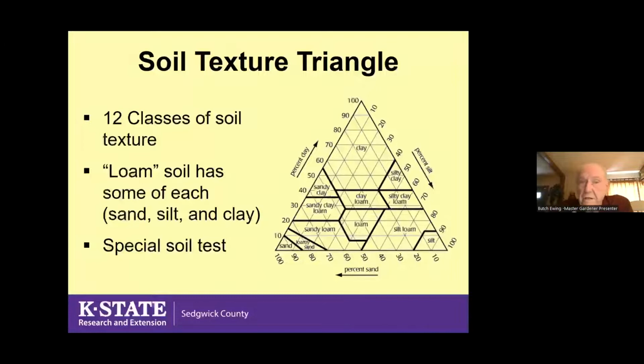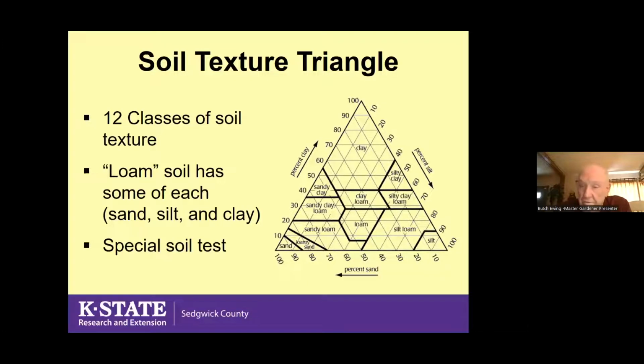Now, soil texture is divided into 12 different classes or different types of soil. Loam, which would be a relatively even percentage of each of the 3 particles, is the sweet spot.